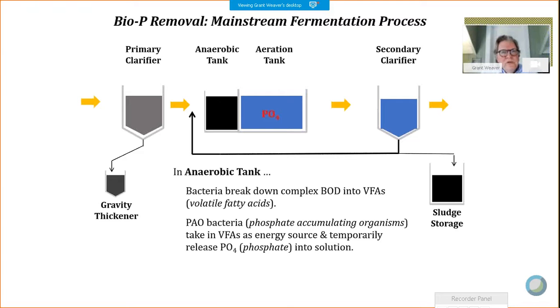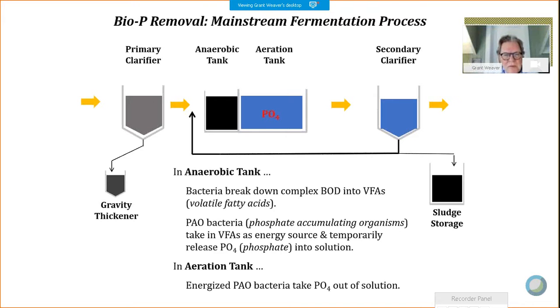The phosphorus that is released in the anaerobic tank travels with the mixed liquor, and the wastewater is pushing it all through, goes into the aeration tank. As long as that aeration tank has a nice neutral pH, our target would be 7 or higher. If it gets down to 6.8 or lower, I'm dead for the day for phosphorus removal. So the energized bacteria will take that phosphorus out of solution.